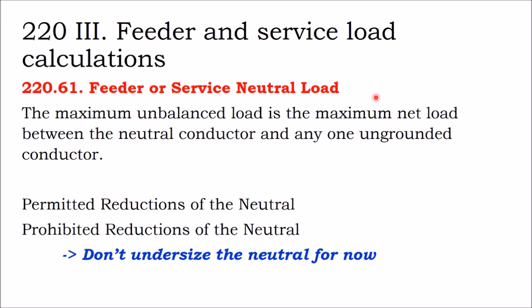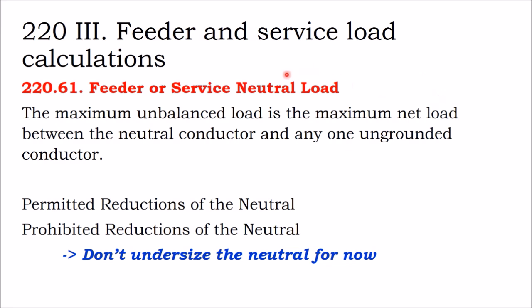So then we get to the load on the neutrals. The maximum unbalanced load is the maximum net load between the neutral conductor and any one ungrounded conductor. So the maximum amplitude of the largest load on any one leg is considered to be the maximum size of the unbalanced load. And what that means is, when you have unbalanced loads, the neutral may not be able to be undersized.